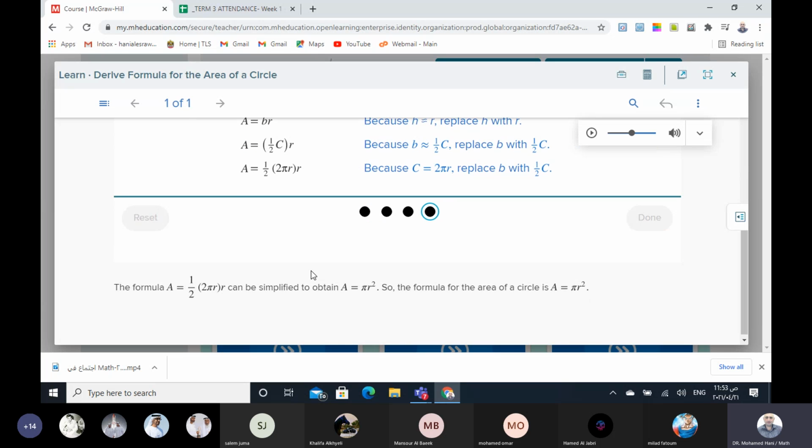So the formula now will be A equals pi r squared. This is the formula to find the area of the circle.